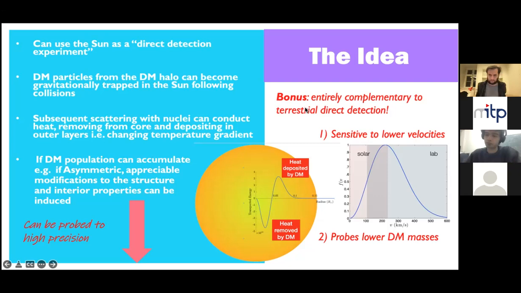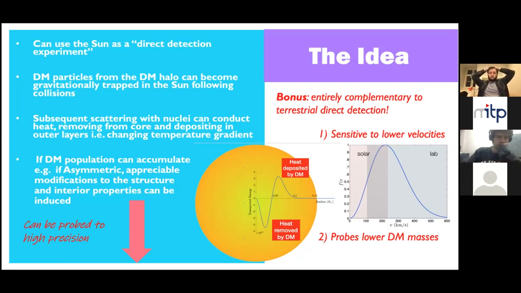And it's important to note that this approach is actually entirely complementary to terrestrial direct detection. So assuming that the dark matter in your dark matter halo is in a Maxwellian velocity distribution, it will actually be the lower velocity particles which are going to get trapped in the sun, whereas in terrestrial experiments we're most sensitive to those with higher velocities, as they're going to be the ones that produce the greatest recoils.